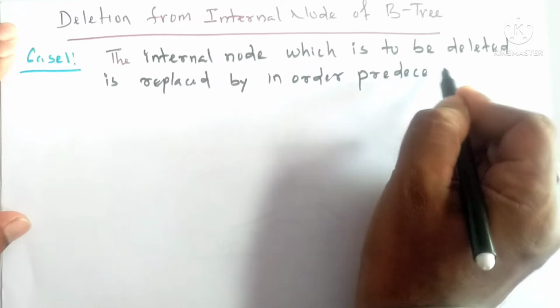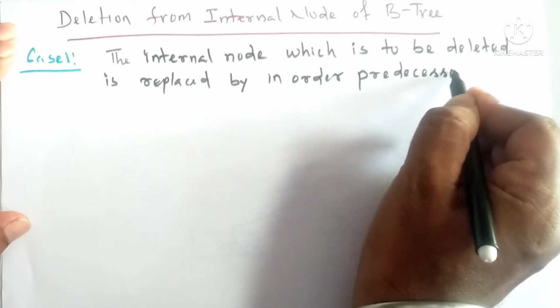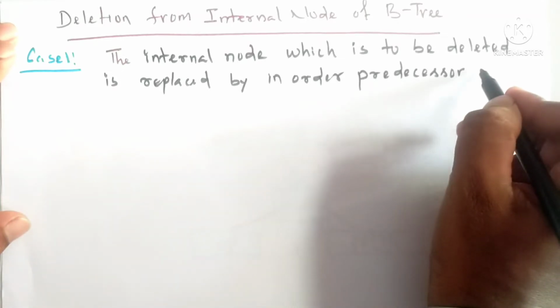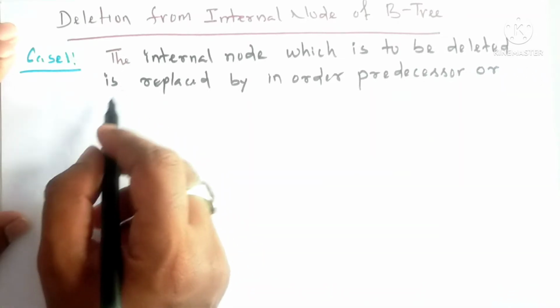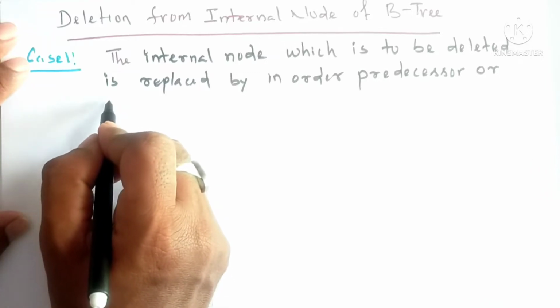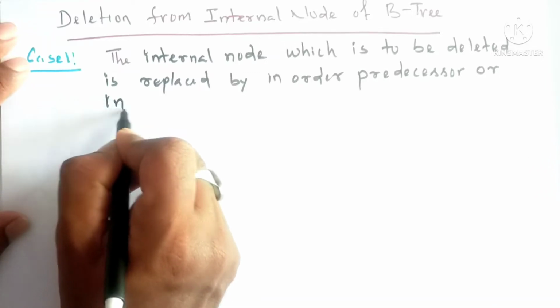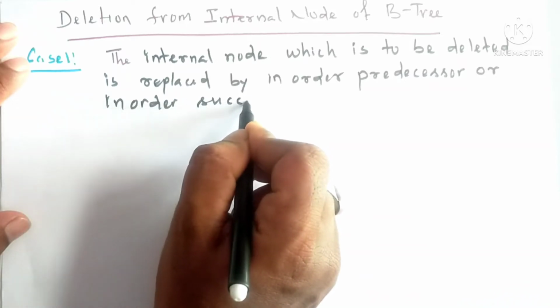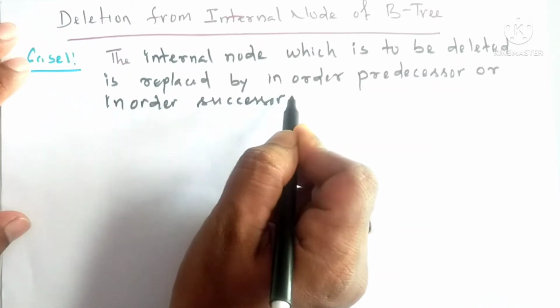I told you what the inorder predecessor is: that is the maximum value of the left child node. Or the inorder successor.